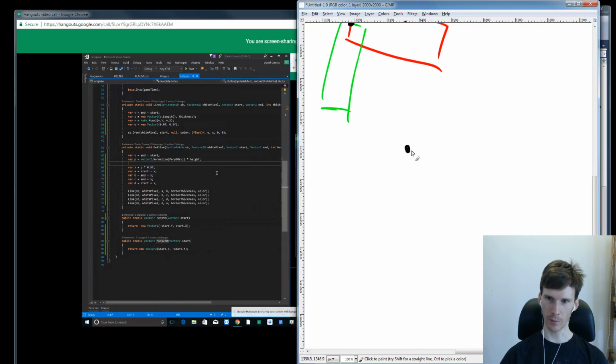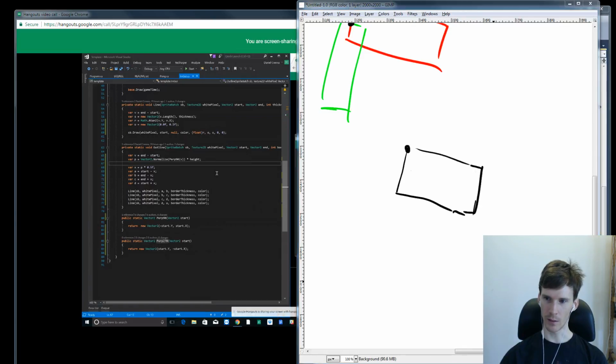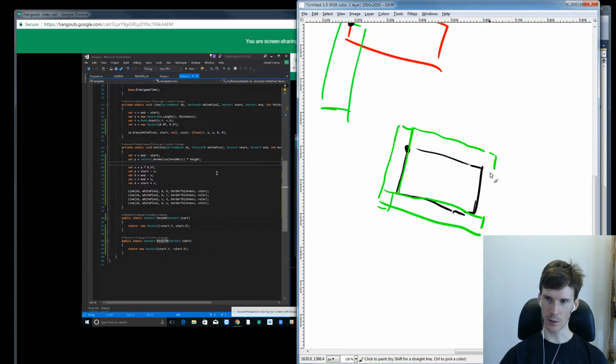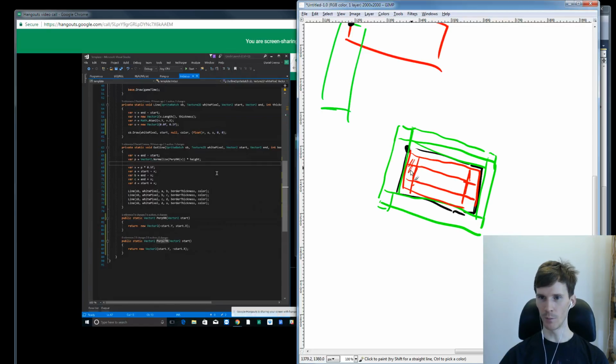So if this was the rectangle that we wanted to draw, there's one that drew the green business, and one that drew the red business. I think they were called draw rectangle inset and outset. That's what they were called.